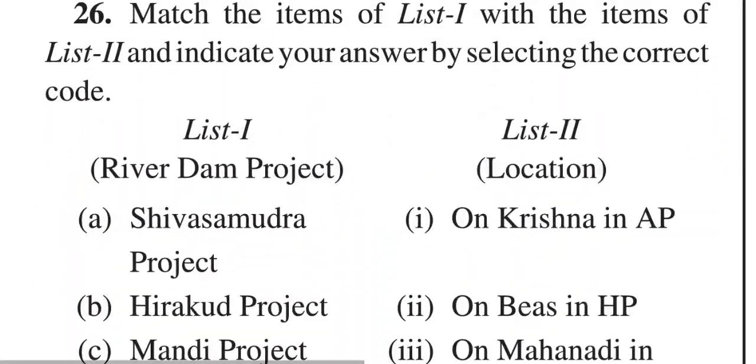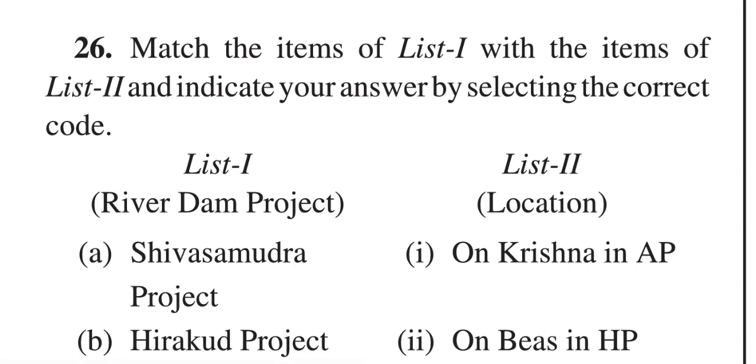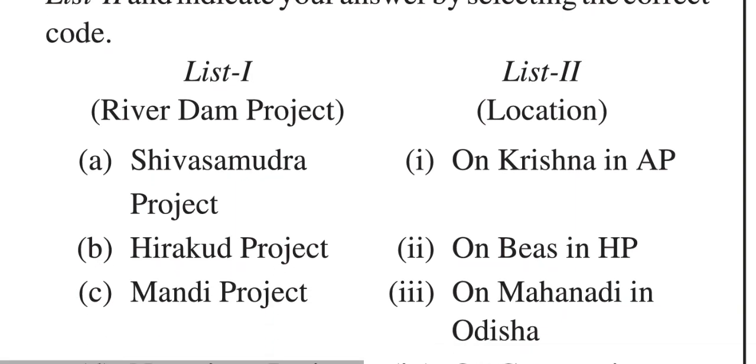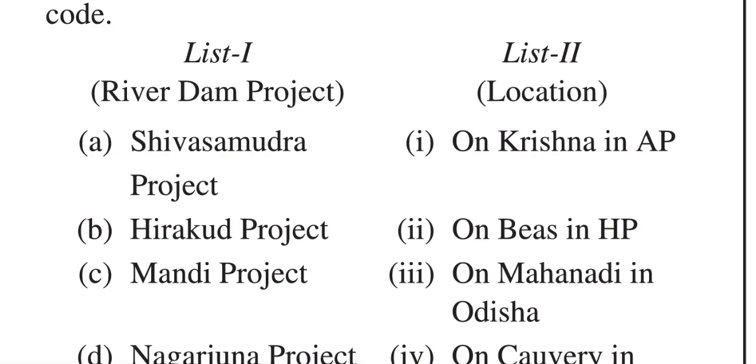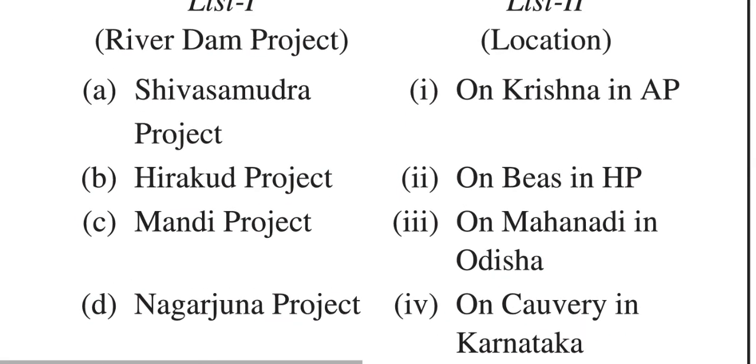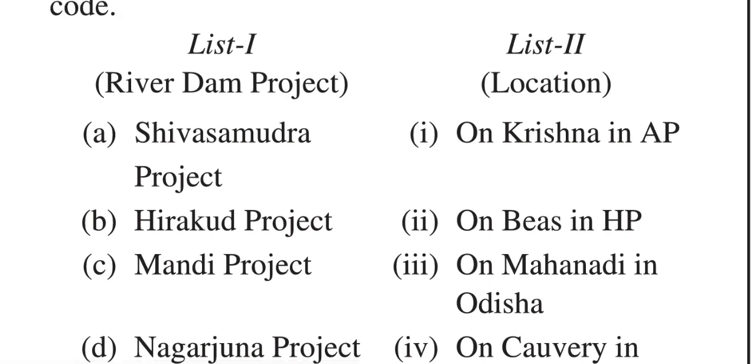Number 26, it's a match the following question. Match the items of list 1 with the items of list 2 and indicate your answer by selecting the correct code. In list 1 we have river dam project, in list 2 we have location. So I will directly read all the options related to river dam project, and I will do the same in list 2 too.